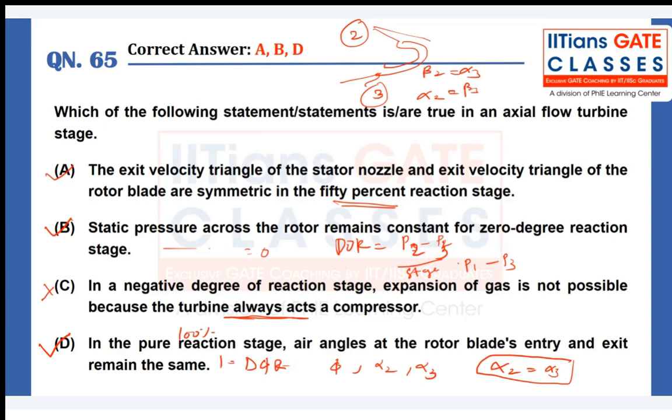So this is the definition of degree of reaction in terms of static pressure rise or loss. So if you want degree of reaction to be zero, that means the numerator needs to be zero. That means P2 should be equal to P3, or in other words, the static pressure across the rotor remains constant in case of 0 degree of reaction. There are various definitions of degree of reaction. One with the velocities, one with the angles, one with the pressure, one with the enthalpy. So this was targeting the definition from the pressure.